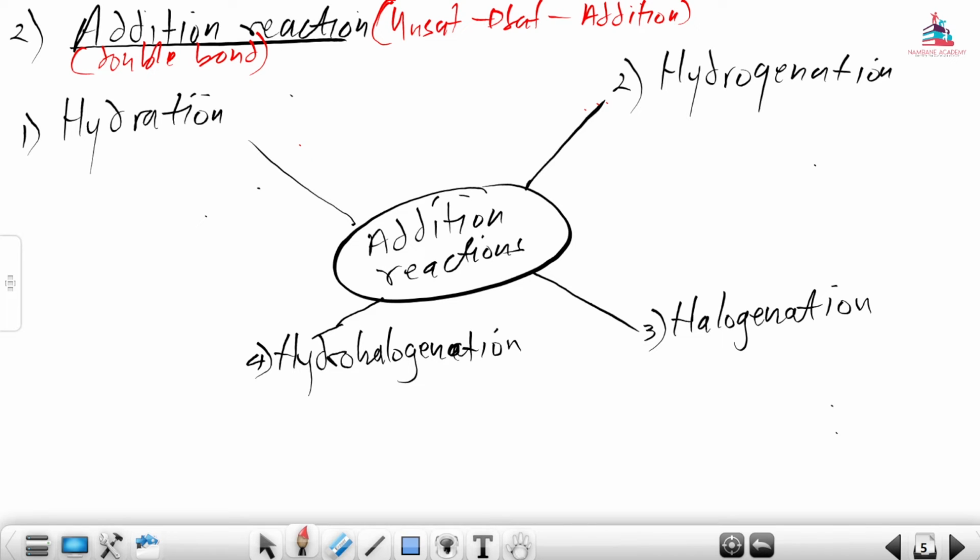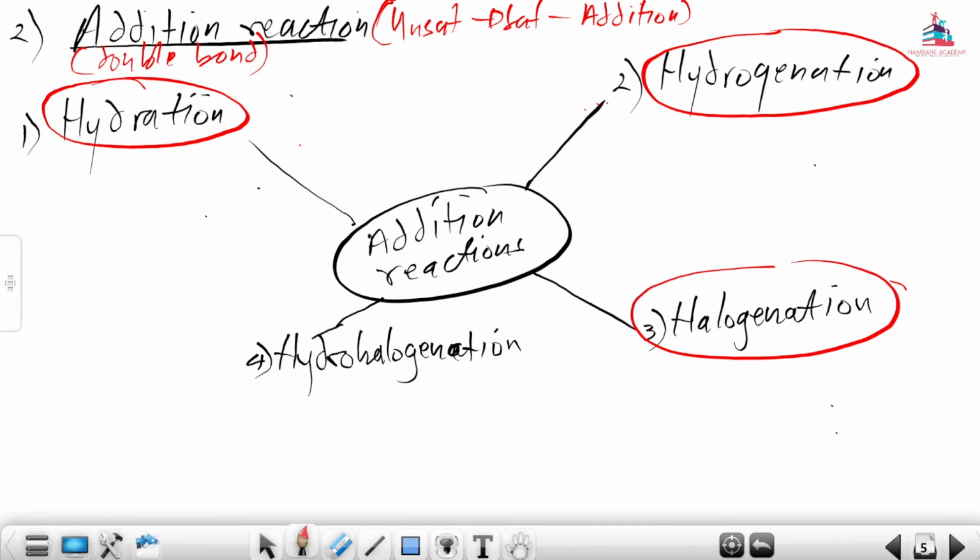So if the question comes up and says what type of addition reaction is taking place in this particular reaction, I can only say it's hydration, hydrogenation, halogenation, and hydrohalogenation. So let's go into detail and explain each one of them.